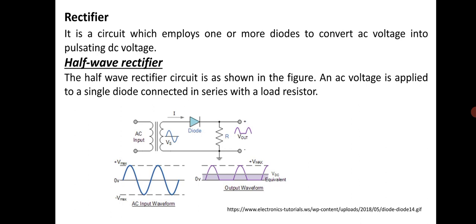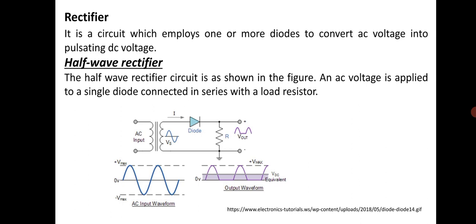The input AC voltage is stepped down by this transformer, and one of the terminals of the transformer is connected to the diode, which in turn is connected to the load resistor across it. So here the input waveform is shown below. You can see both the positive half cycle as well as the negative half cycle of the wave here. This is fed to the diode.